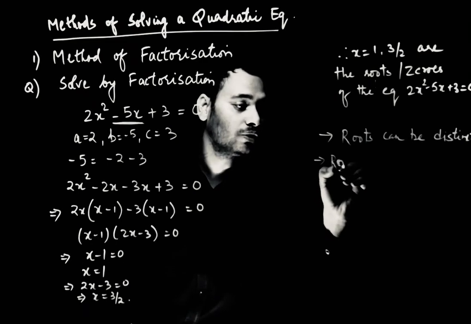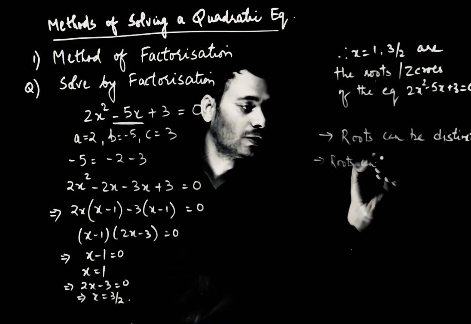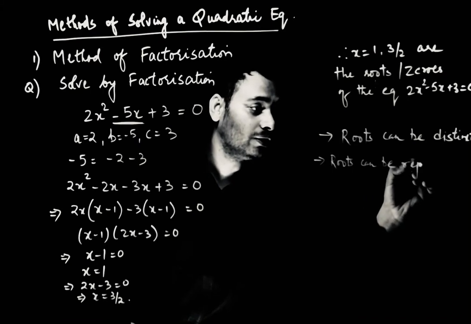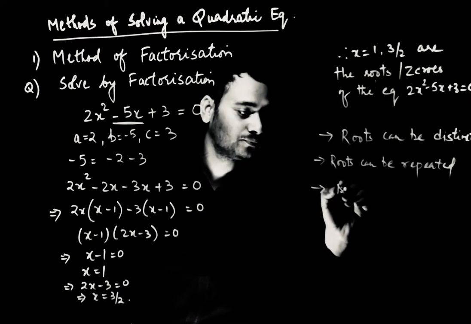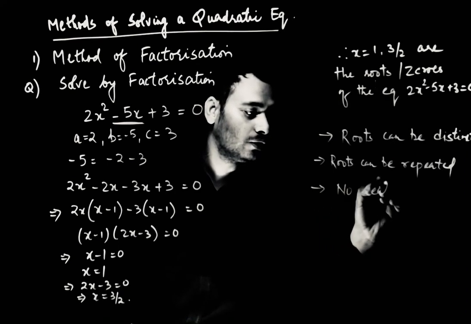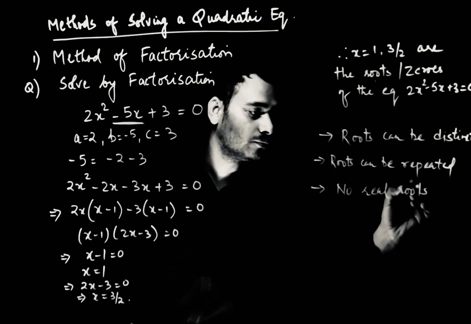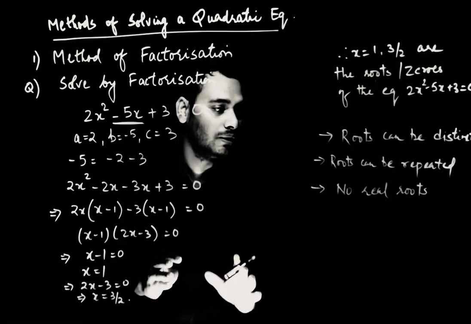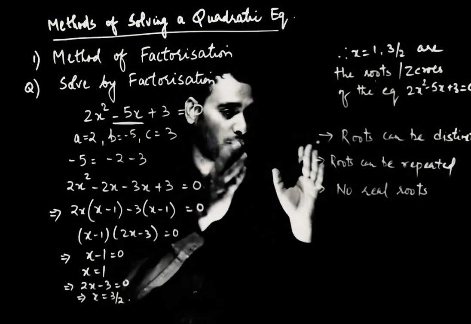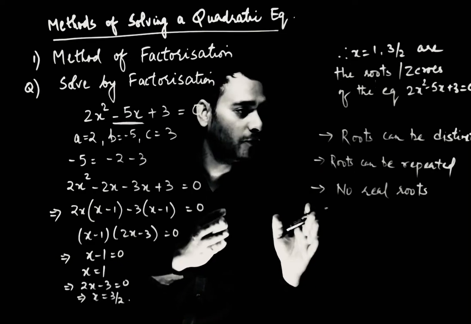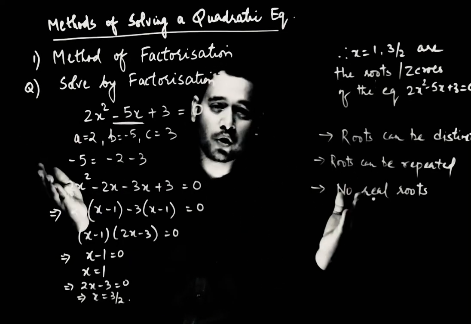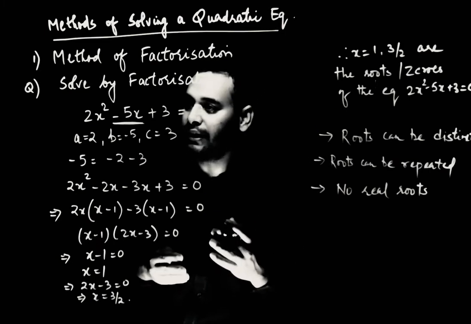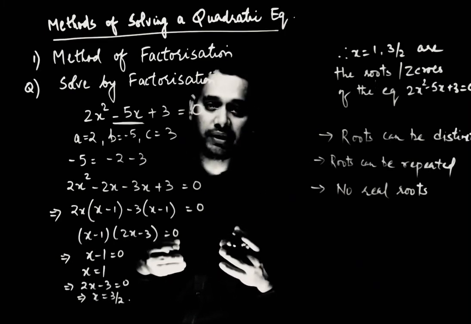The roots or zeros can be repeated or equal roots, or you may get no real roots. So these are certain points which you should learn before finding the roots or zeros of any quadratic equation. This is how we did the method of factorization.